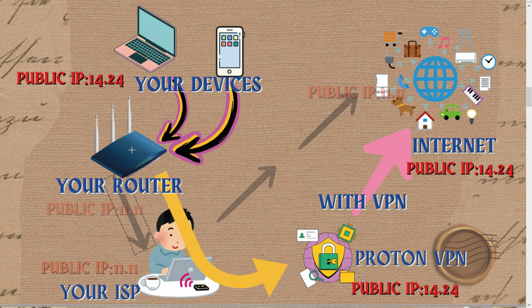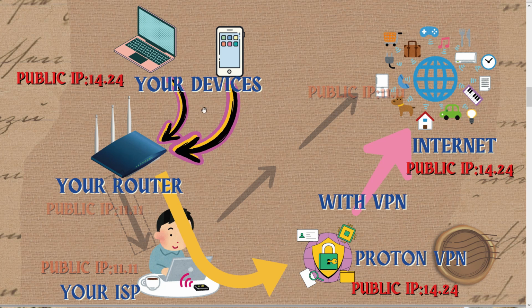You install the VPN client on your device, laptop or mobile phone. When you connect, it's given a public IP different from your router IP. So your router public IP, say it is 11.1. The VPN server gives you a new public IP 14.24. It doesn't remove the public IP you are using.